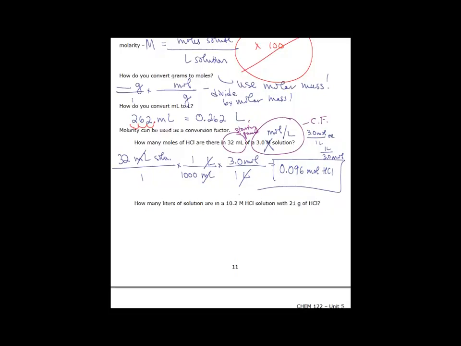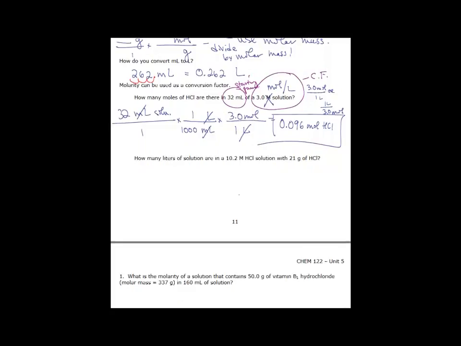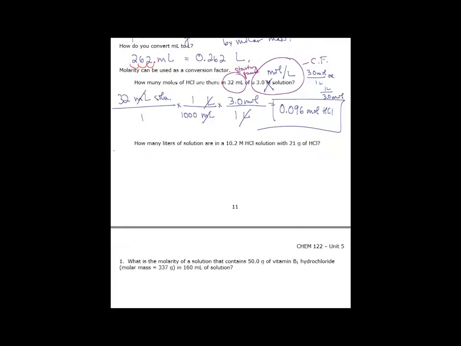Okay, so that's one way you can see molarity used as a conversion factor. Another way is this type of question: how many liters of solution are in 10.2 molar HCl solution with 21 grams of HCl? Again, whenever you see the capital M, cross it out and write moles over liters.